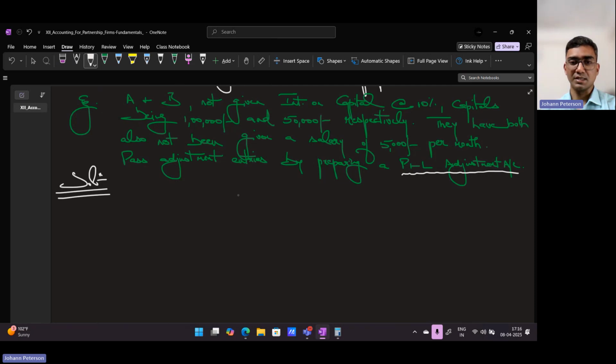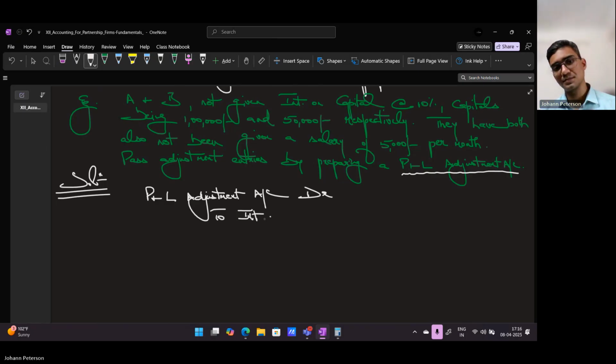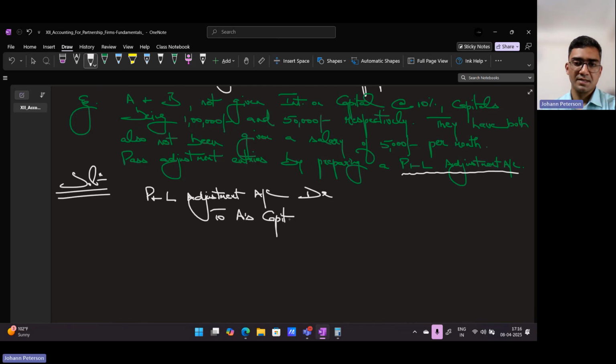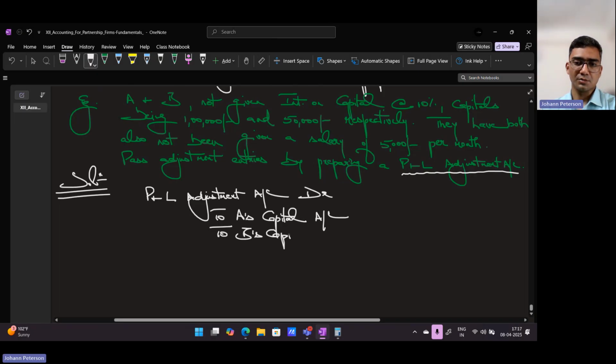So if this has to be given to them, P&L adjustment account is debited, to A's capital account and to B's capital account.